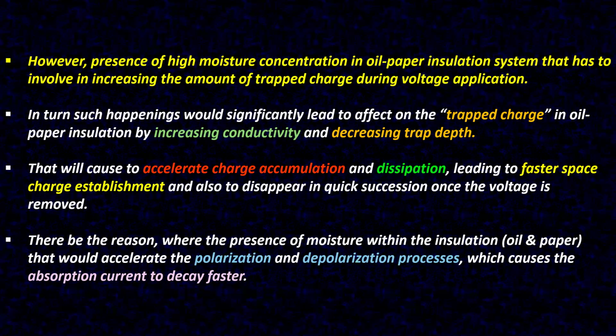That accelerates charge accumulation and dissipation, leading to faster space charge establishment, which also disappears in quick succession once the voltage is removed. This is the reason why the presence of moisture within the insulation, oil and paper, accelerates the polarization and depolarization processes, which causes the absorption current to decay faster.